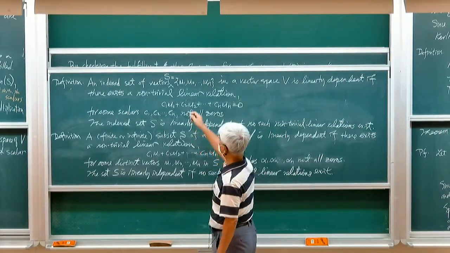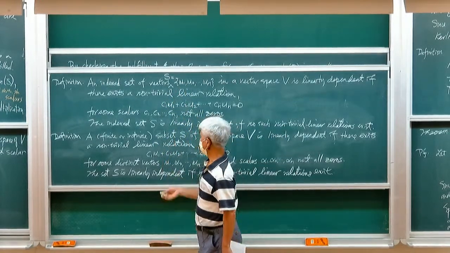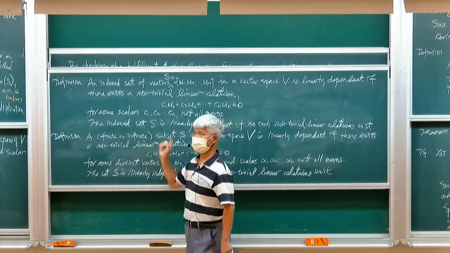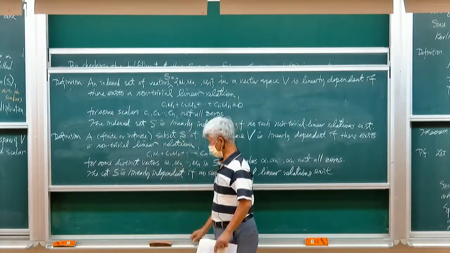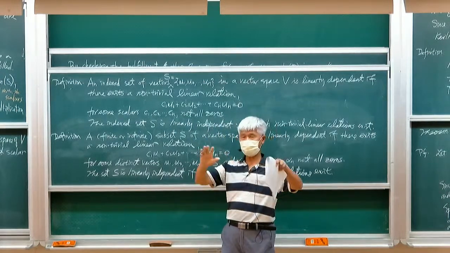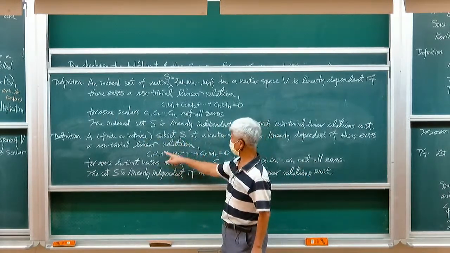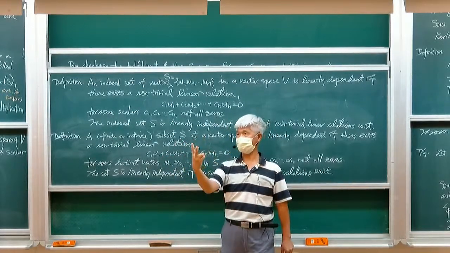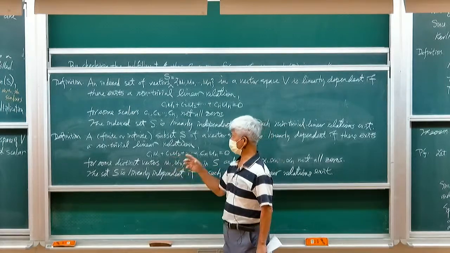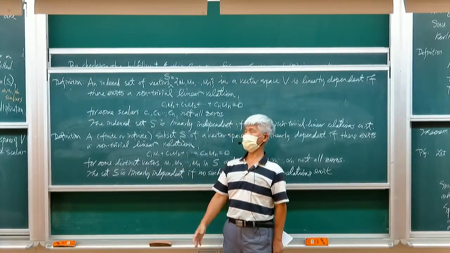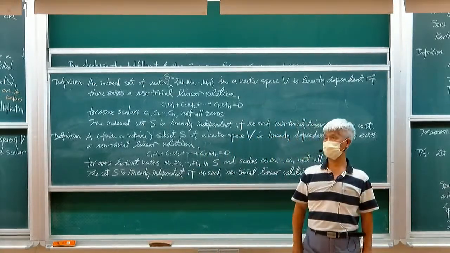And for an indexed set, we usually consider a finite index set. But for an ordinary set, the set can be infinite. So even though X is infinite and has infinitely many vectors, if you can select a finite number of them, for example only 2 of them, such that you can find a non-trivial linear relation, then the whole set is linearly dependent.